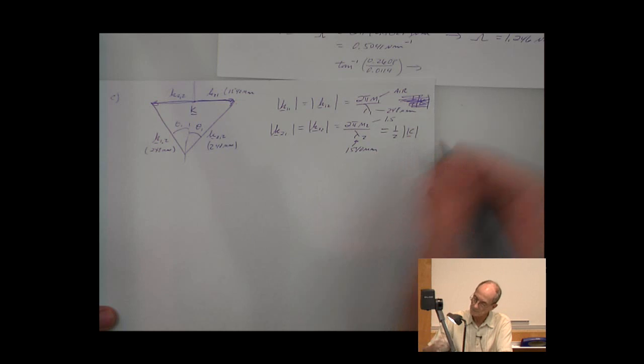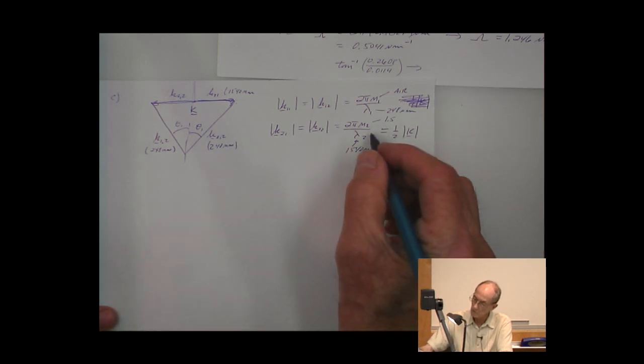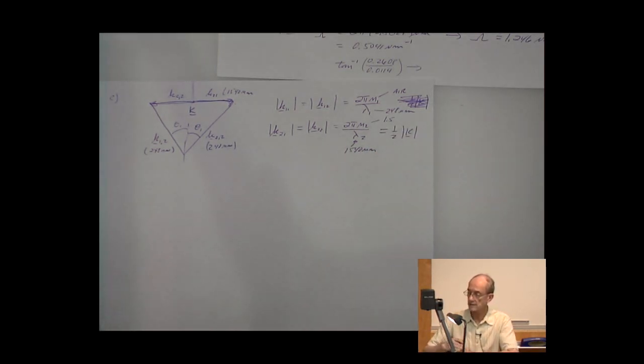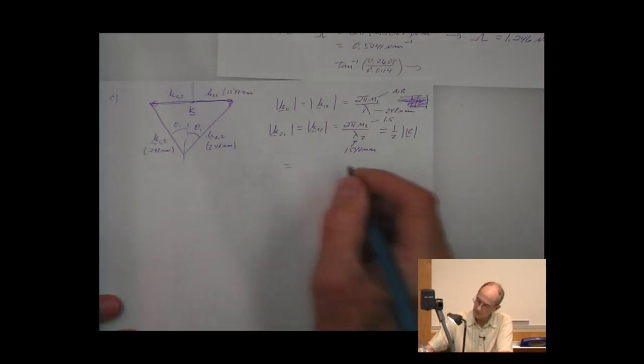This is the 1540, the 1.5, and that's inside the medium. Okay. All right. So then we could write, we know what the value there is.